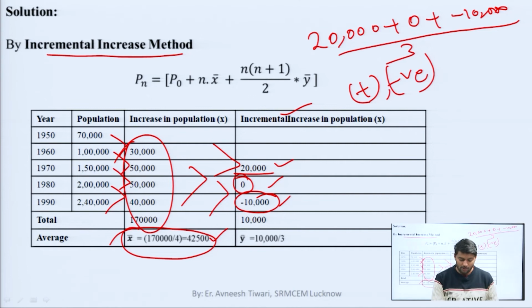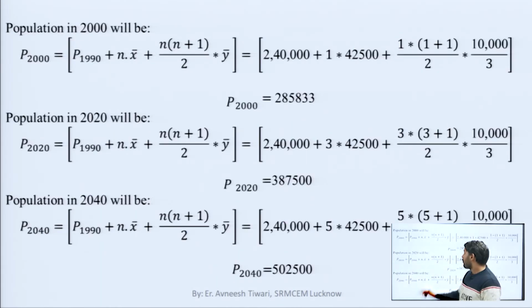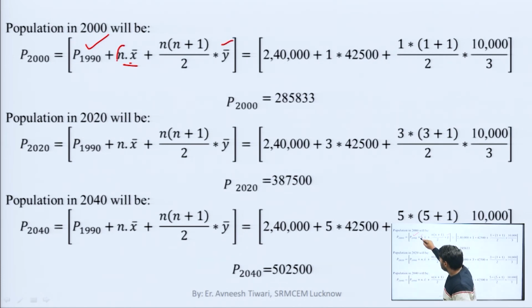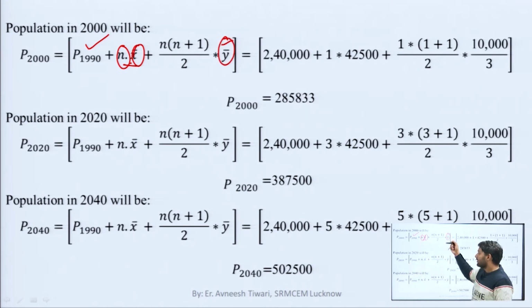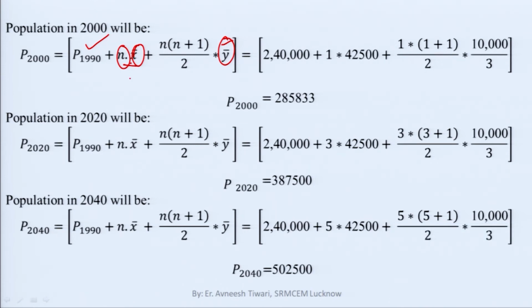So y bar will be 10,000 by 3, and putting all the values in the known formula, that is P n equals P naught plus n x bar plus n into n plus 1 by 2 into y bar. We have already calculated the value of x bar, y bar, and n has its usual meaning, the number of decades between the last known population and the population which we have to calculate. So here n will be 1, here n will be 3, here n will be 5, and the population corresponding to year 1990 is 2,40,000.